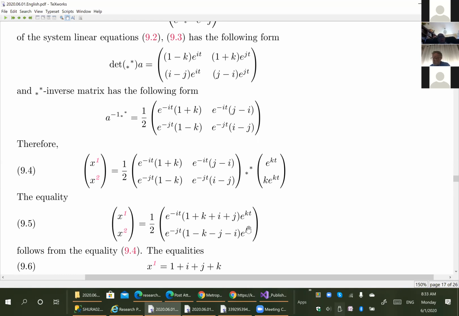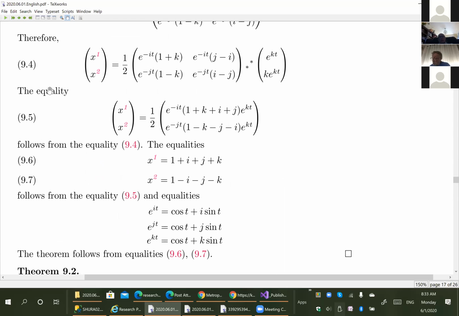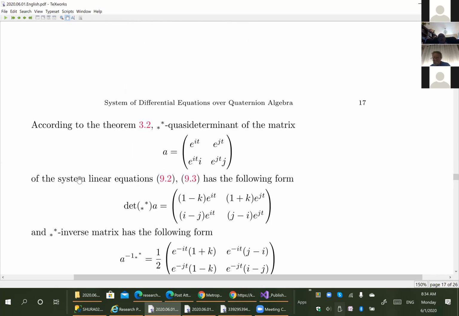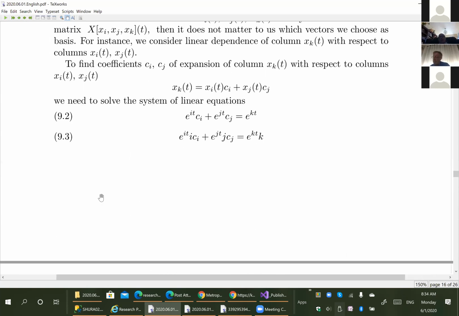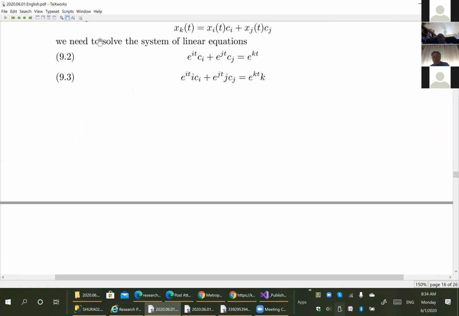If I express the exponents through cosine and sine, I get ultimately that x1 is just a quaternion that doesn't depend on t, and x2 does not depend on t. But it means that in this expression, ti and tj don't depend on t. So the columns of the matrix xk, xi, xj are linearly dependent.